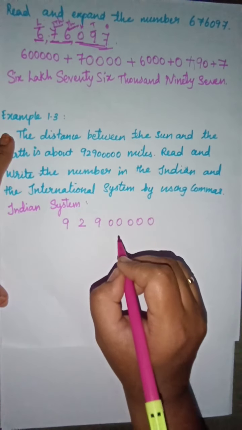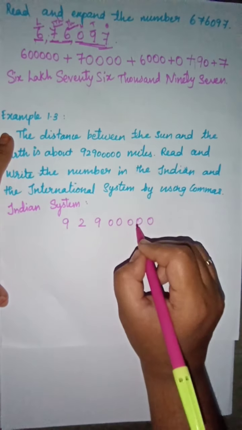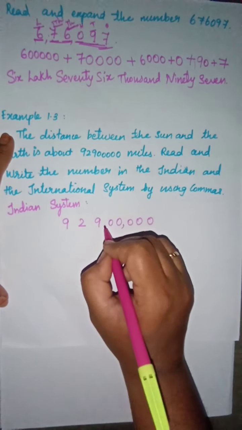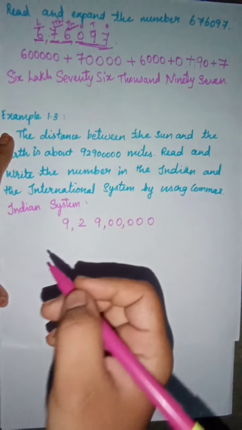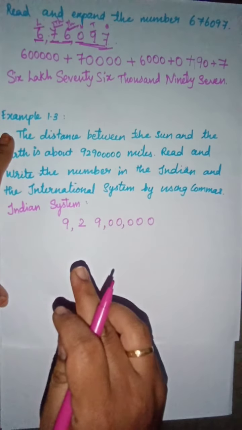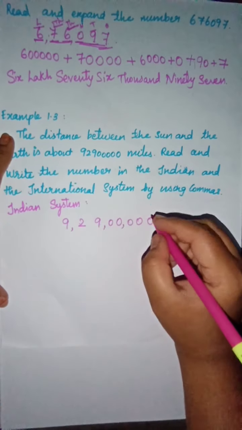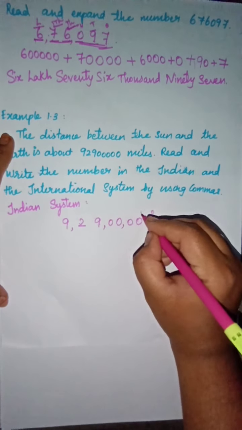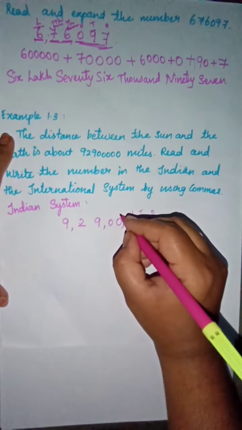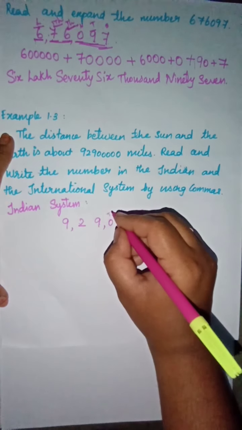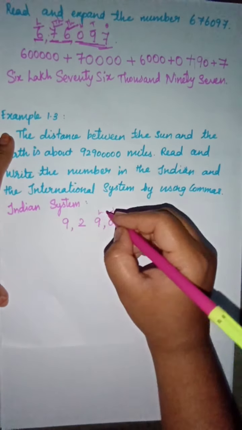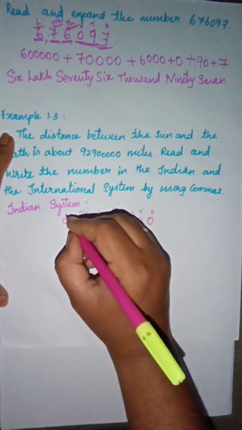For Indian system we put like this: 1 2 3 comma 1 2 comma 1 2 comma. Then the next step is we have to write the place value: ones, tens, hundreds, thousand, 10,000, lakh, 10 lakh, crore.